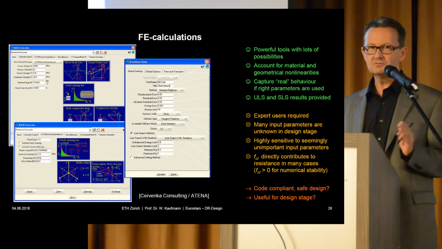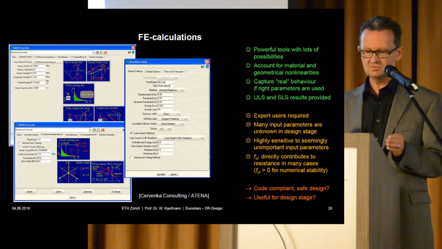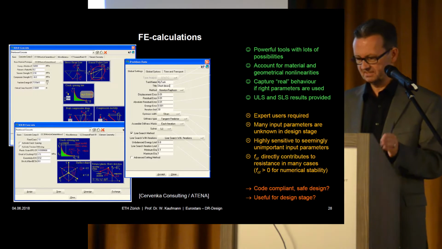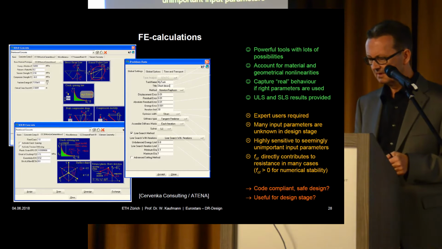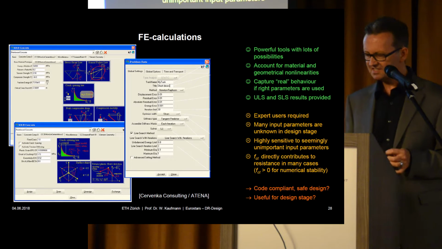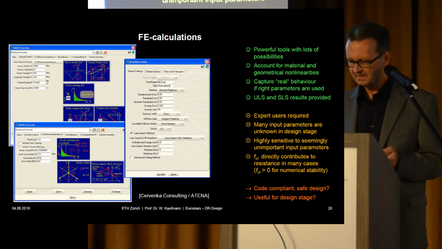And if you don't know the result beforehand, it's really a black box, and if you are not experienced as a user, it's garbage in, garbage out, if you permit me to say so. So you need an expert user, you have many parameters, and it is highly sensitive to some of these parameters that you often don't really know which one to use.